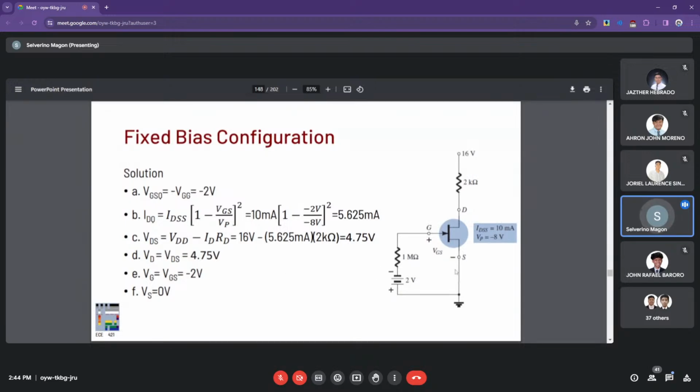Drain voltage is essentially the same as your drain to source voltage, since you do not have any resistor here to take up any voltage drops. In some other configuration, we're going to cover that particular case. But to proceed, we have the gate voltage equal to your gate to source voltage, and the source voltage is at 0 volts right here. Again, we don't have any component in the source connection.